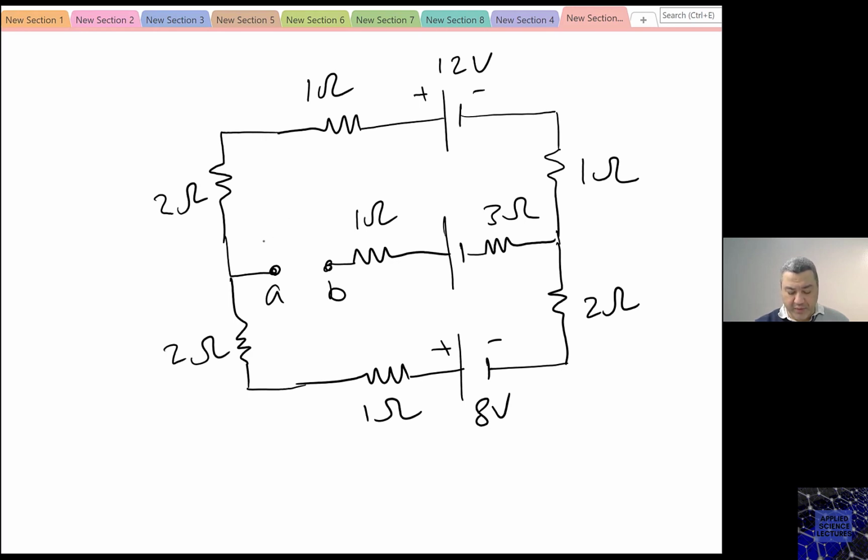And this is my VAB. A is higher in the potential than B. So how do we solve this problem?